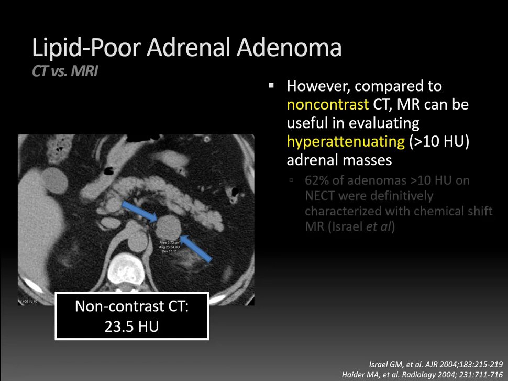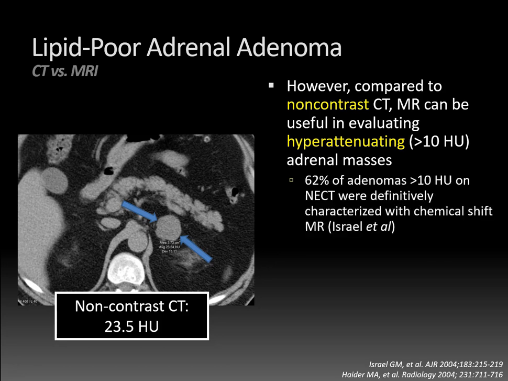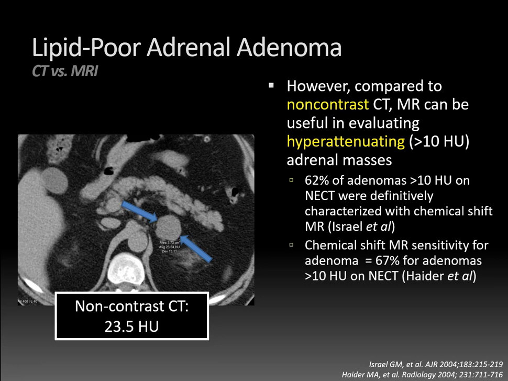There's a study by Dr. Israel that showed 62% of adenomas greater than 10 Hounsfield units on non-enhanced CT were actually definitively characterized with chemical shift MRI. A different study showed the chemical shift MRI sensitivity for adenoma was 67% for adenomas that were more than 10 Hounsfield units, and that sensitivity was increased to 89% when only adenomas that had a density of more than 10 and less than 30 were evaluated.